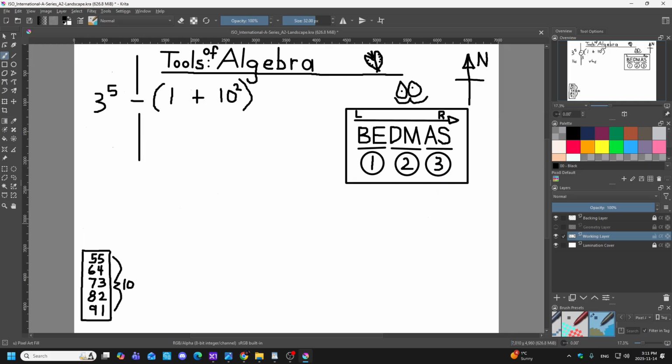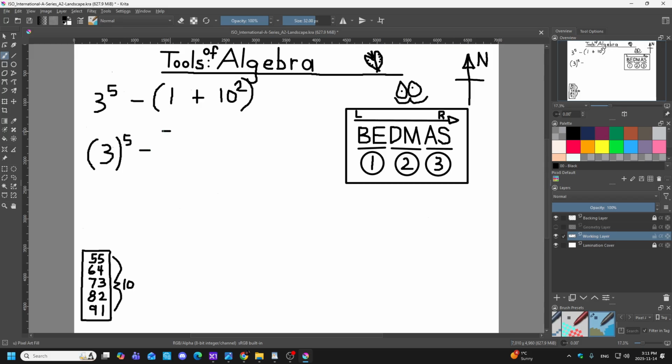All right, I'm going to clean this up. And I'm going to rewrite this using parentheses for clarity's sake. 3 to the 5th, subtract.